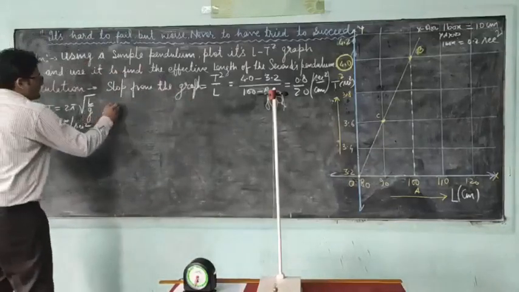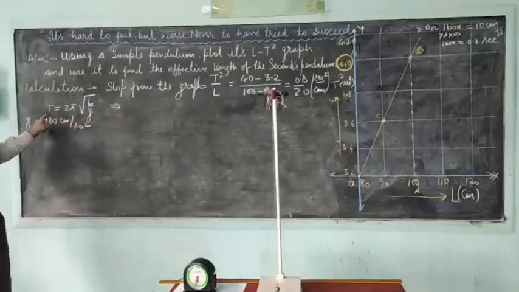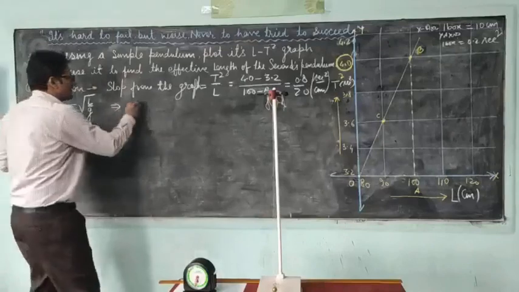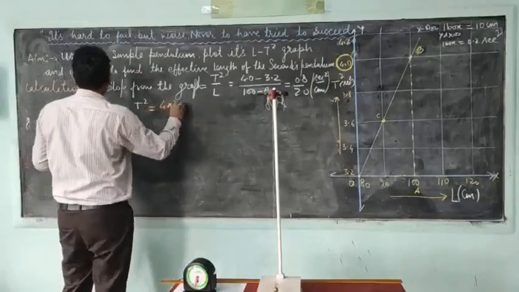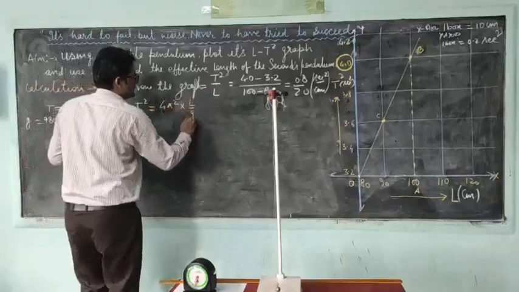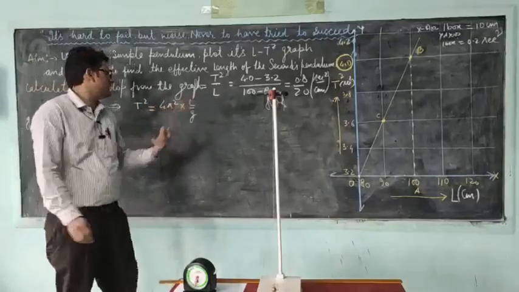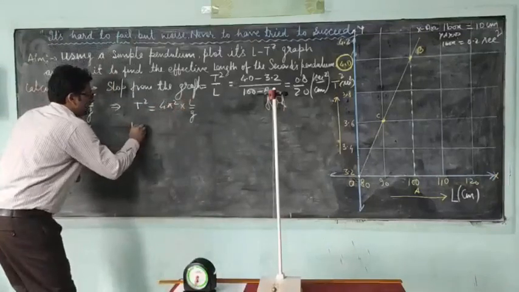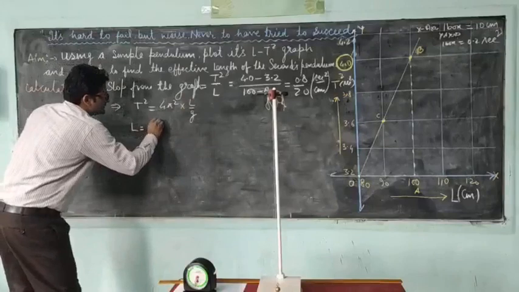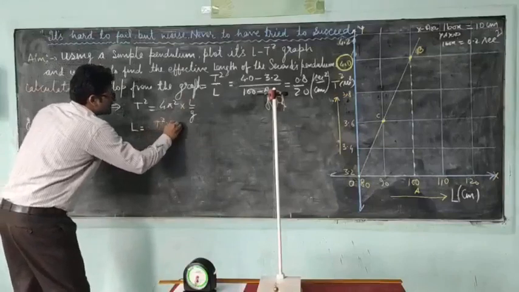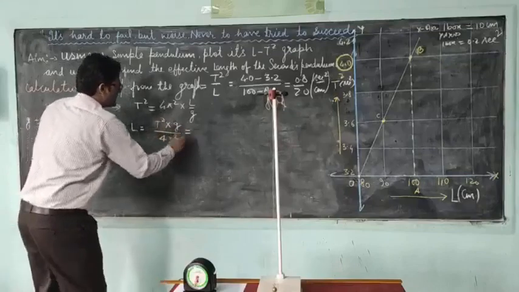Squaring on both sides, T square is equal to 4 pi square into L upon g. Now we have to find the value of effective length, so L is equal to T square into g upon 4 pi square.